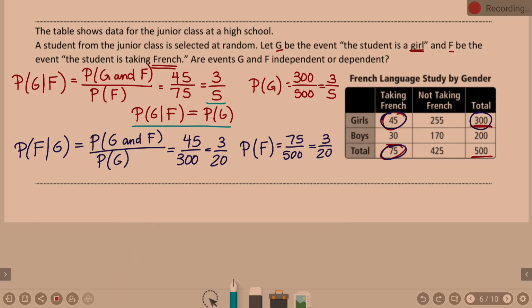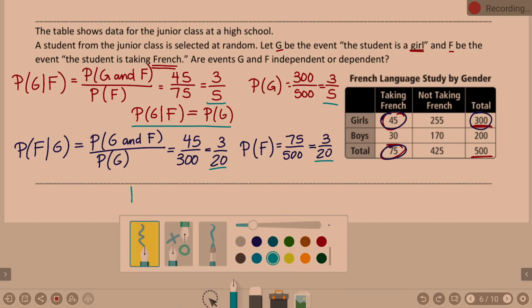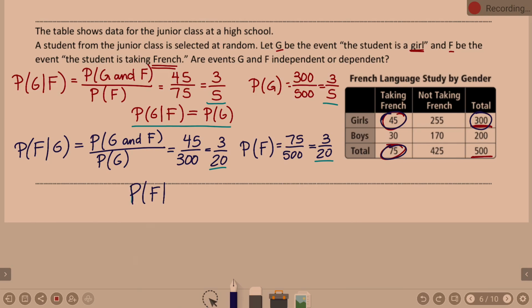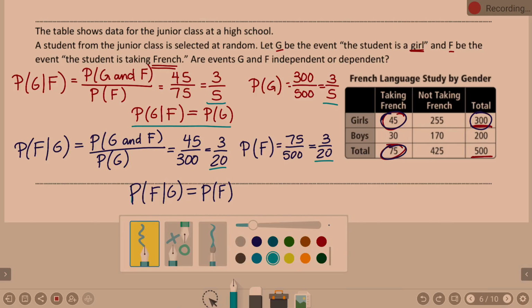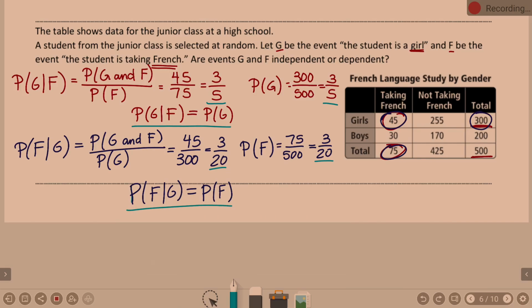Equal. The probability of a French student, given they're a girl, equals the probability of a French student. And so, since those are equal, these are independent events.